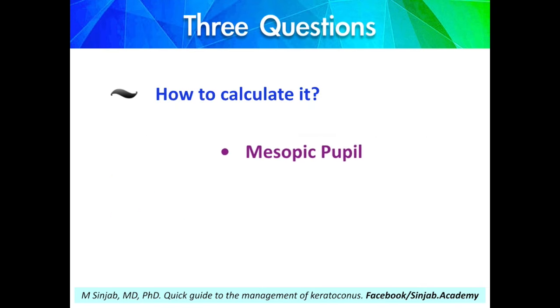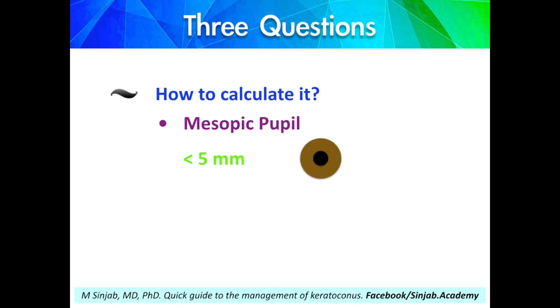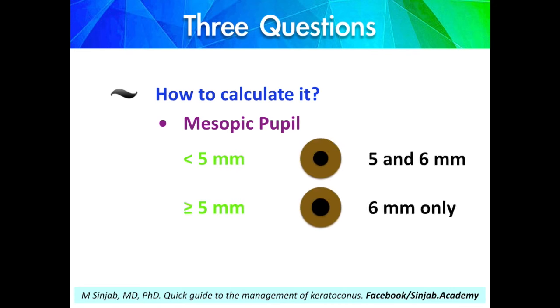The mesopic pupil. As in the traditional method, when the mesopic pupil diameter is smaller than 5 mm, we can use both, but it is mandatory to use the 6 mm type when the pupil diameter is larger than 5 mm.